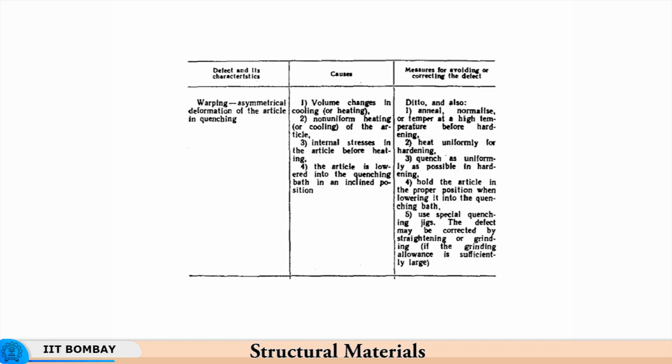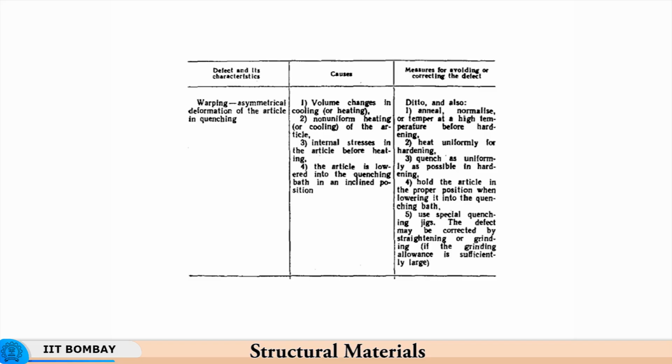So, many of these result in non-uniform transformations, non-uniform volume changes, which in turn result in non-uniform strains being experienced, right. And then from point to point you have different magnitudes of deformation, which finally on a macroscopic scale is seen as warping.